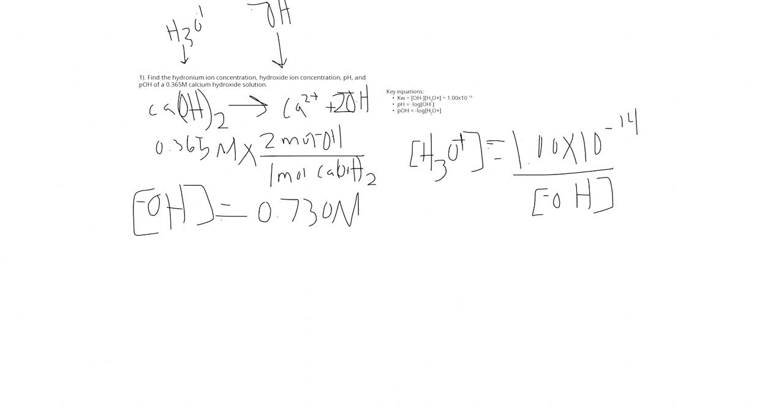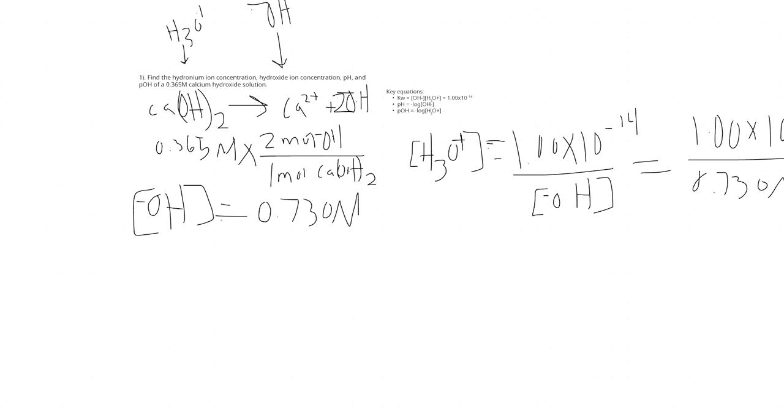So that equals 1.00 times 10 to the negative 14 over, I'm just writing in our specific amount, 0.730 molarity. These are both concentrations. Well, technically it's concentration squared.